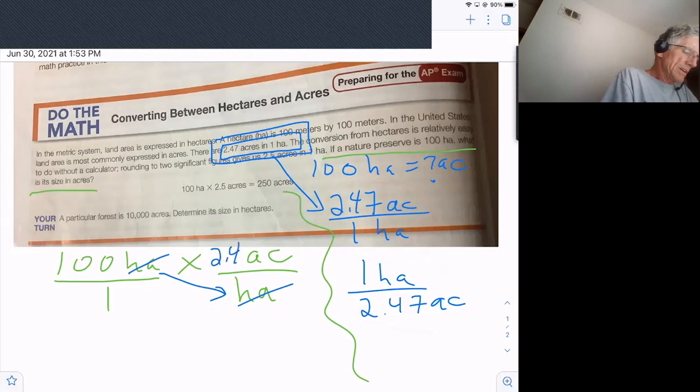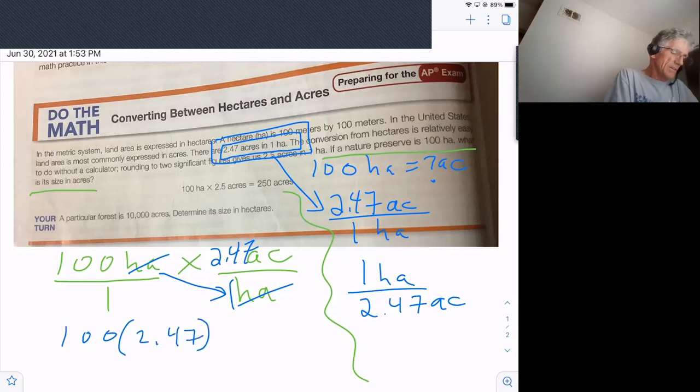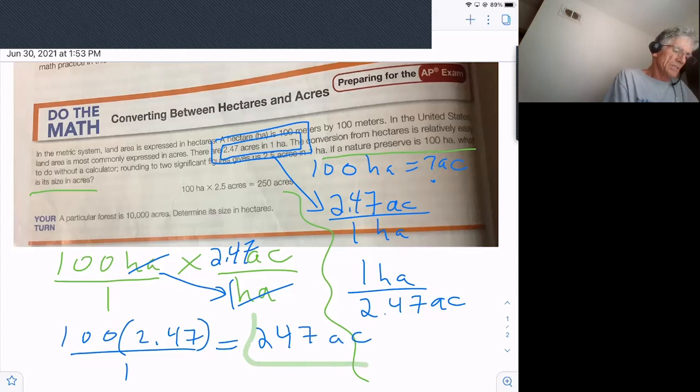So 2.47 goes on top and 1 goes on the bottom. So I do the math. 100 times 2.47 over 1 is 247. What's the unit that remains? Acres. And that is my answer right there.